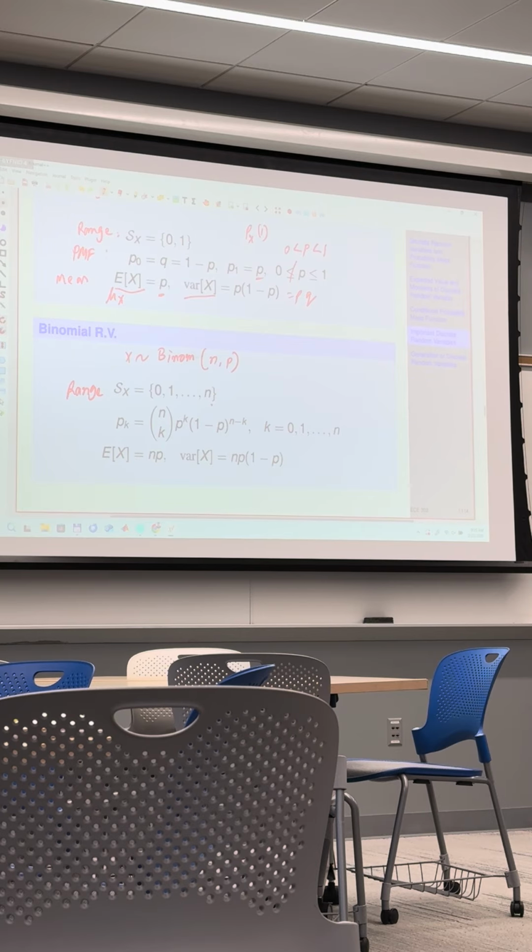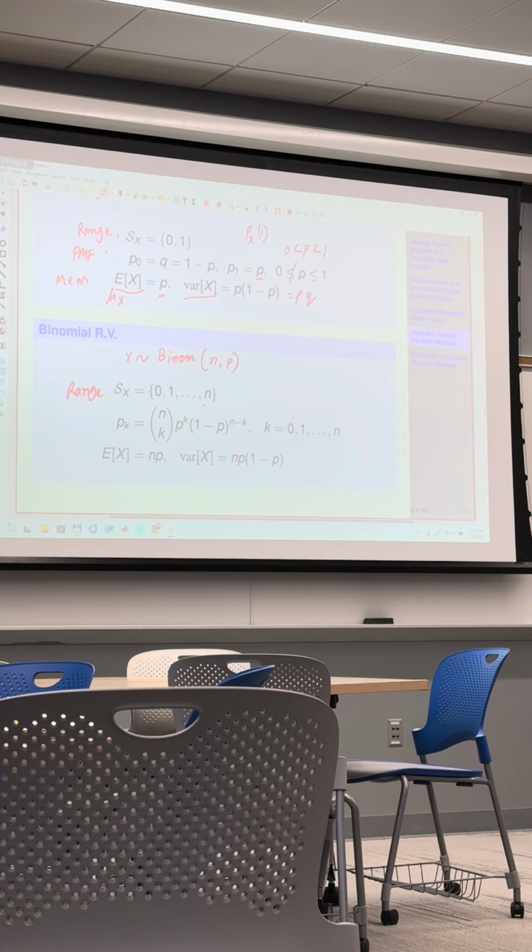You can have a toss of a fair coin or toss of a coin n times, and you record the number of heads out of n tosses. Then you can see the possible values of random variable x is 0, 1, or 2.